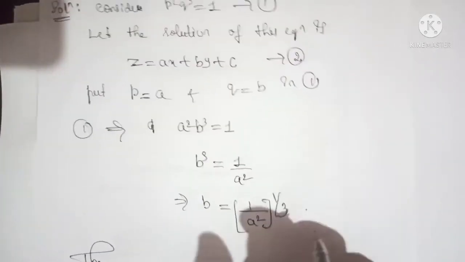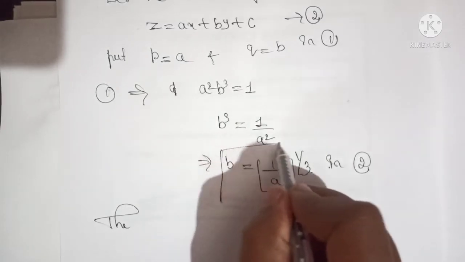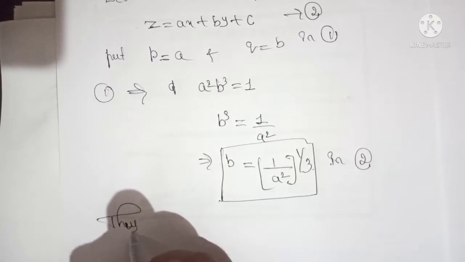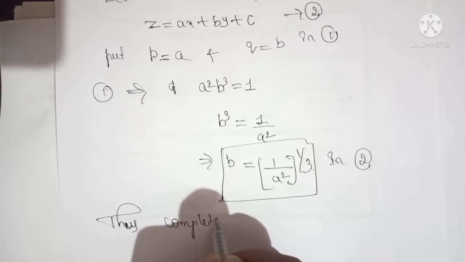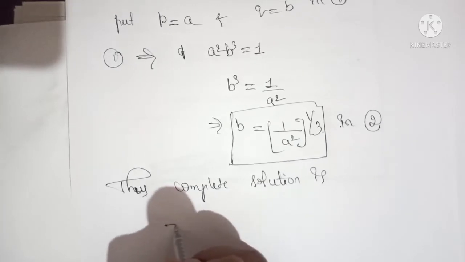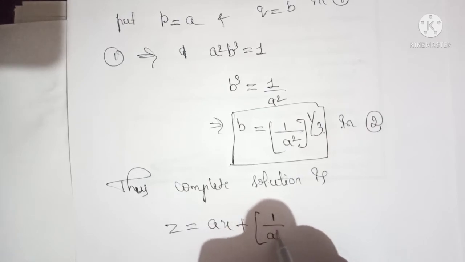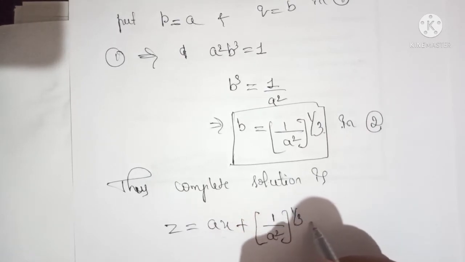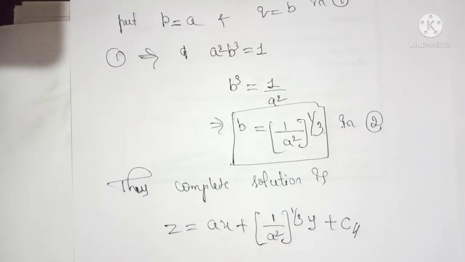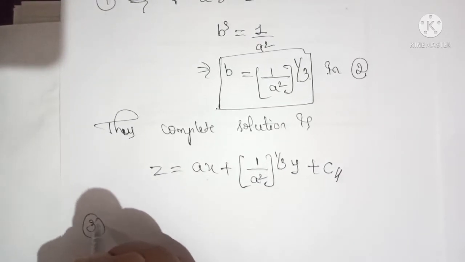So thus the complete solution is Z is equal to AX plus B value, which is 1 divided by A square to the power 1 by 3, into Y plus C. So this is the required solution. Similarly, we have one more example here.